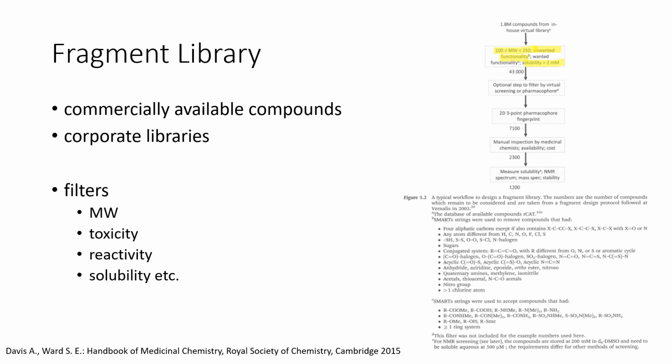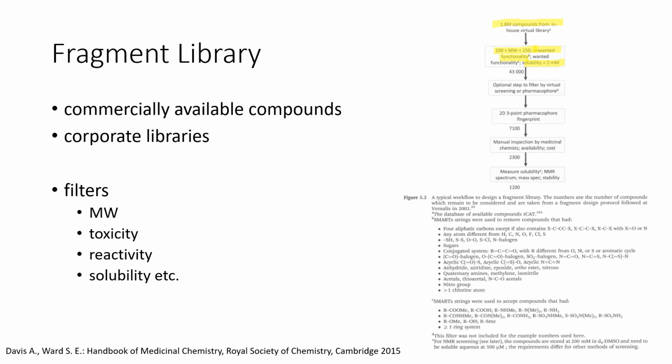The next step: the starting library containing nearly 2 million compounds was limited to a library of 43,000 compounds. Then the pharmacophore model was used for the screening, and also some fingerprint searching was employed.